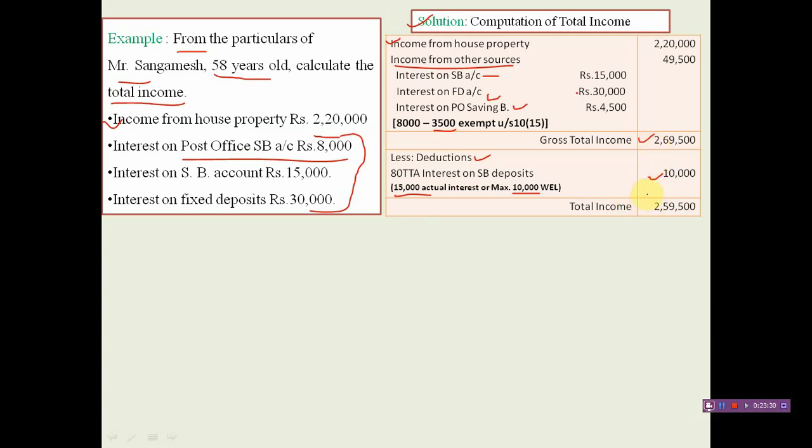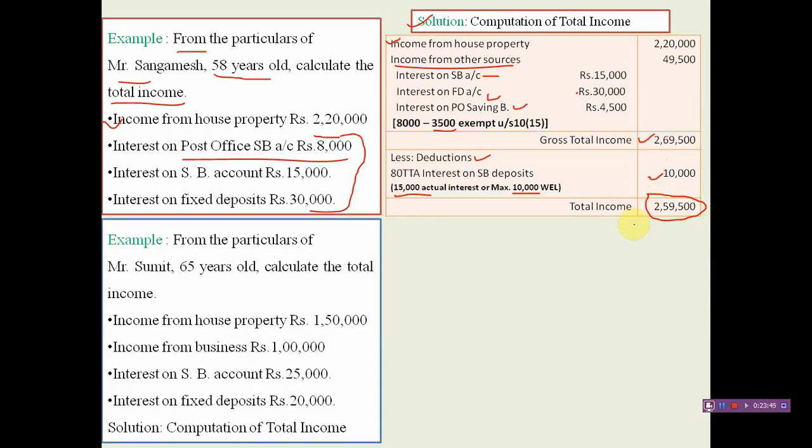So total income of Mr. Sangmesh for this assessment year is 2,59,500. Dear students, it is a format for computation of the total income. The next example, from the particulars of Mr. Sumit, 65 years old, senior citizen, calculate the total income.